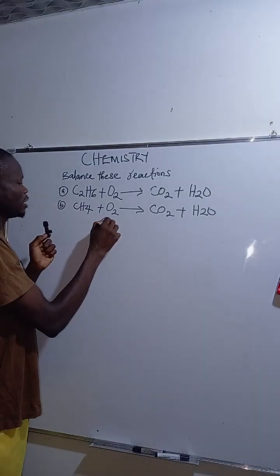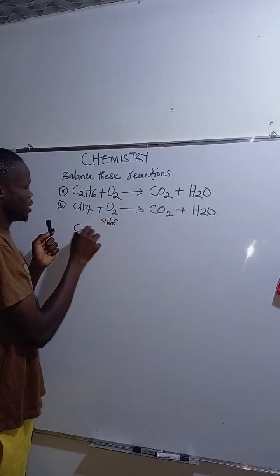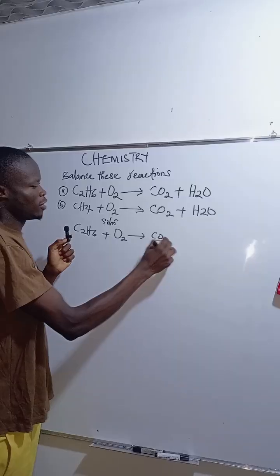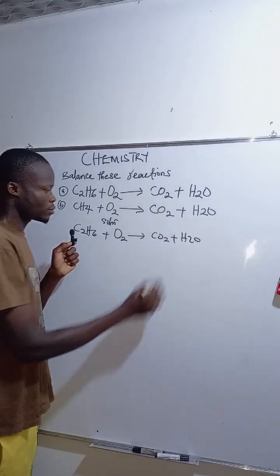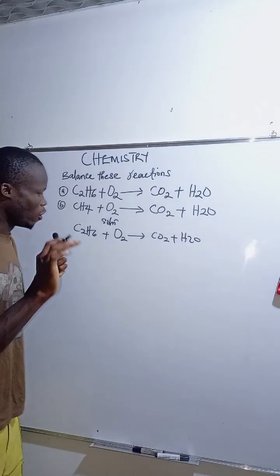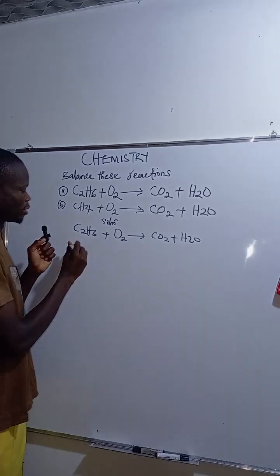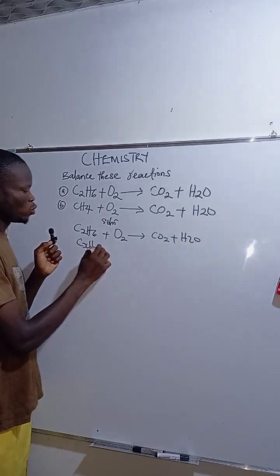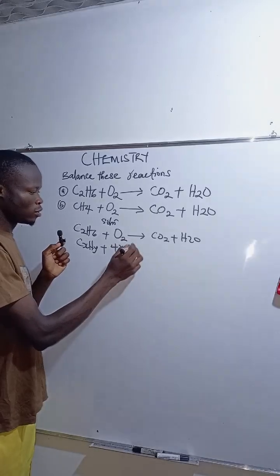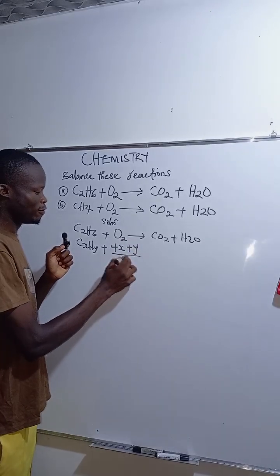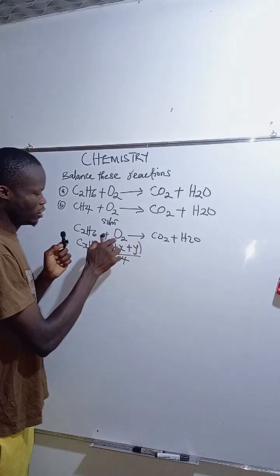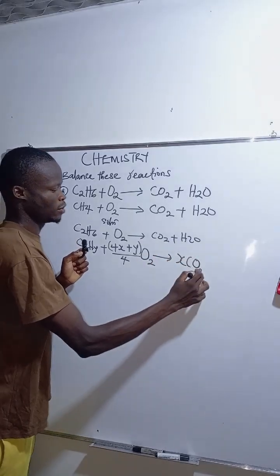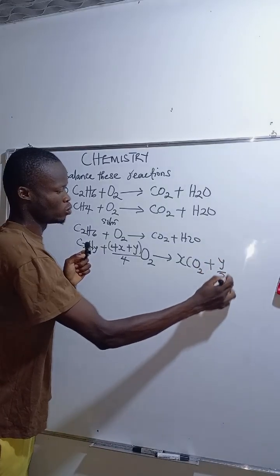So here, they say methane combusts in oxygen or reacts with oxygen to give you what? Carbon dioxide and water. This is the formula you are going to use, the general formula for combustion of an organic compound: CxHy plus (4x + y)/4 oxygen will give you x carbon dioxide plus y/2 water.